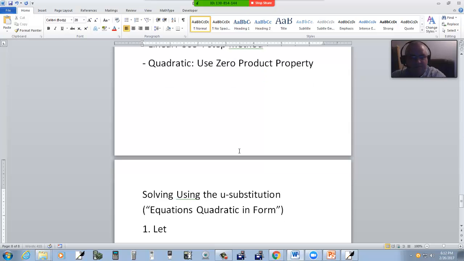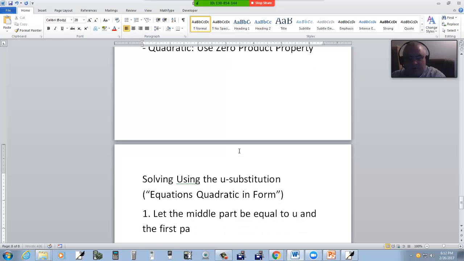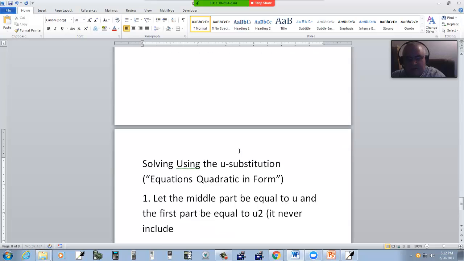Step 1, let the middle part be equal to u, and the first part be equal to u squared. It never includes the number in front of that part.